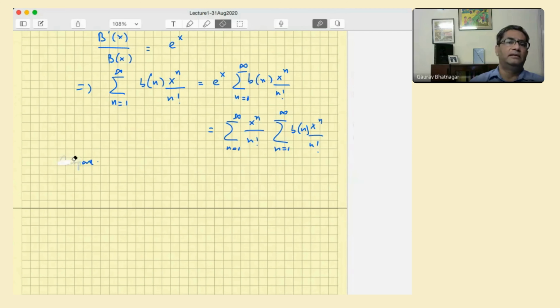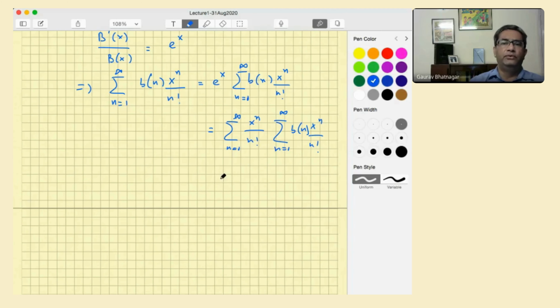We know this one also. We can write this as n going from 0 to infinity.